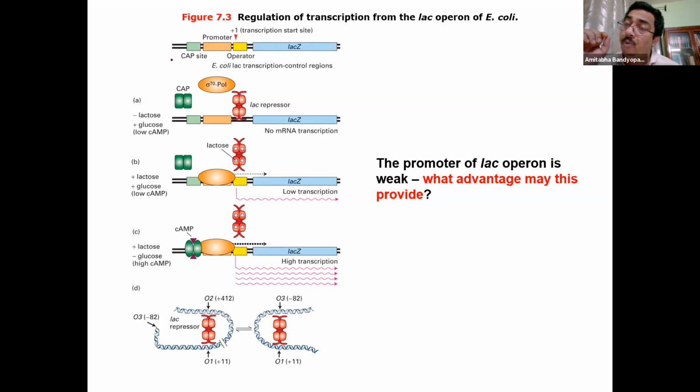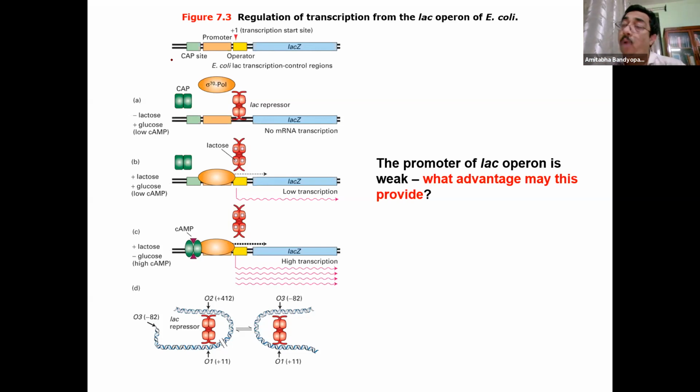So if you want to reduce the falling off, then you have to ensure that the sequence of the promoter is such that it can bind to the RNA polymerase very tightly. If the sequence of the particular promoter that you were talking about is closer to the consensus, then RNA polymerase will bind stably to it, which is the case with the tryptophan operon.